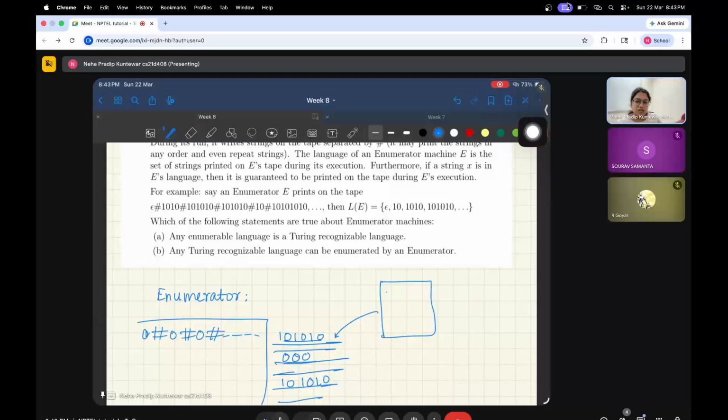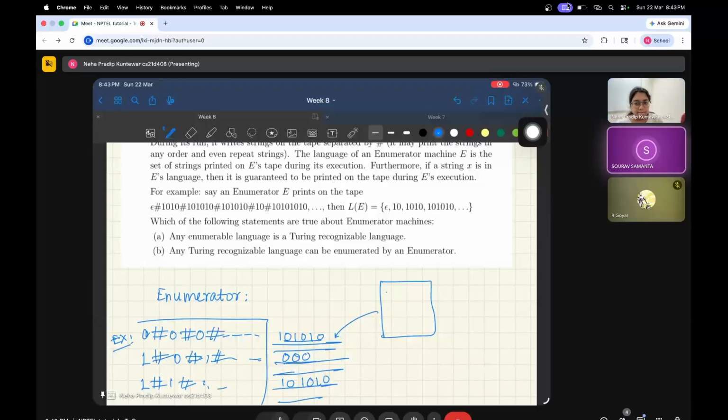This could be one such enumerator. Some other enumerator could be doing 101 and so on, or some could just be doing 1. You can come up with your own definition of what strings you want to print and in what order you want to print. This was just an example.